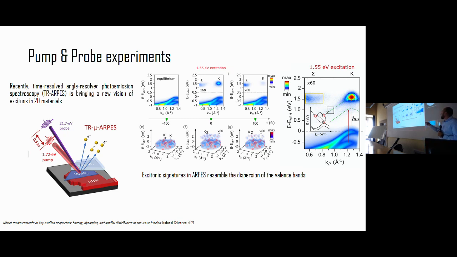You can see this also like when you dope a material, if it has a small band gap, you will see that you are filling the conduction band in the ARPES experiment. Now, this is kind of optically doping a material, if you want to see it like that. I will say that this is a very recent topic that will for sure have a lot of development in the incoming years, and I think Davide will also talk about this in more detail later.